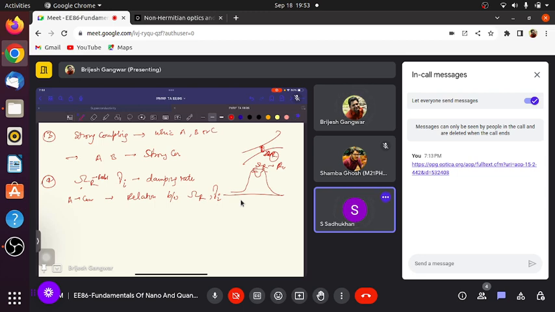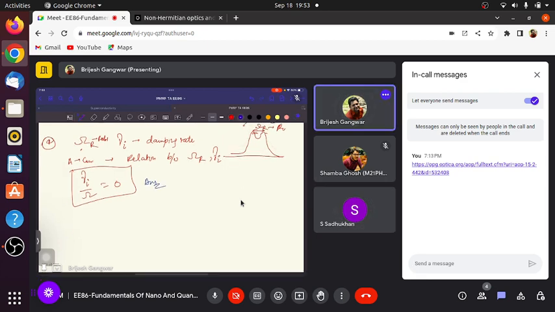No. See, damping will be zero, then only you can reach that. Yeah, yeah, sorry, I made a mistake. So gamma i upon omega you can say zero. Yes, sir. So this is the answer.